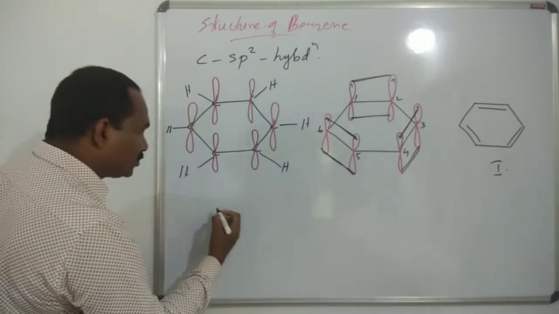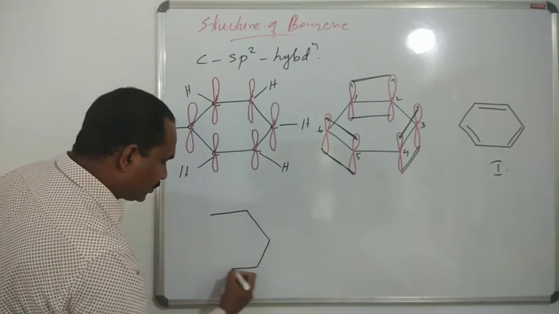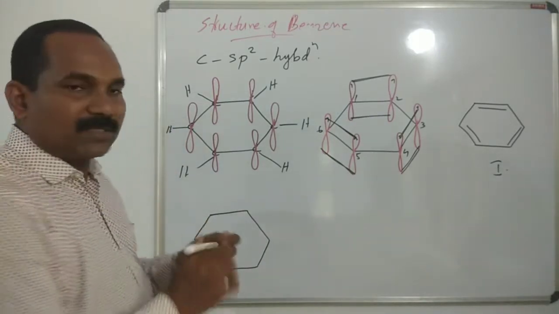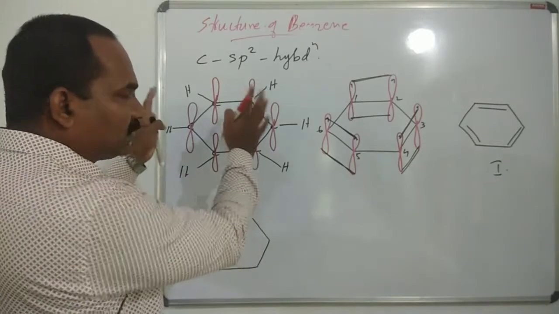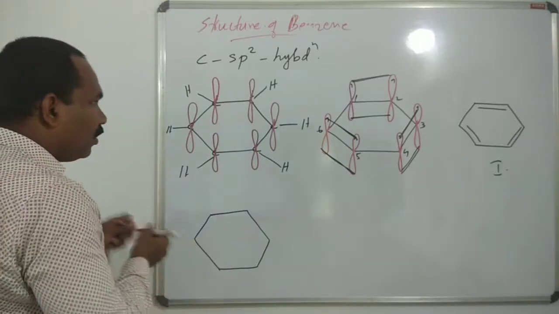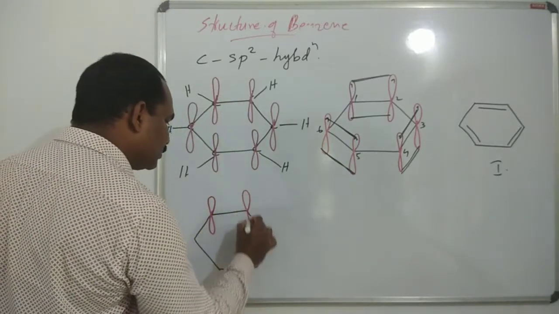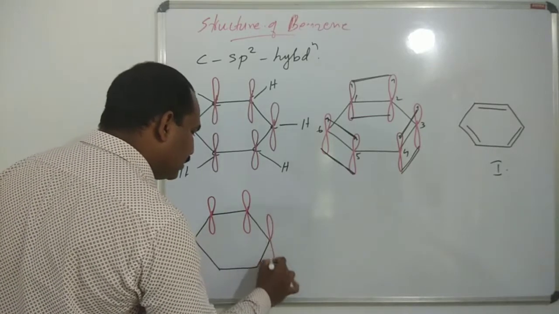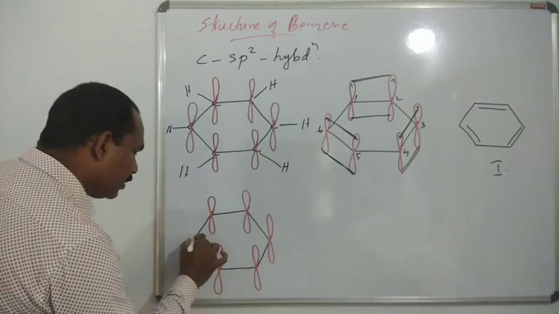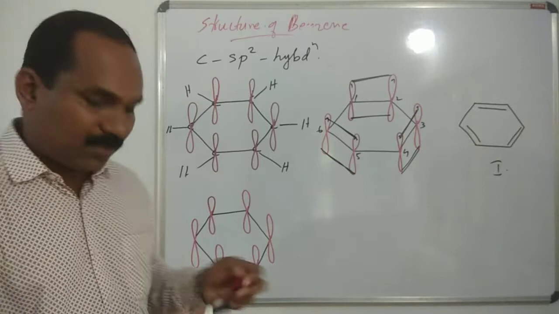The second possibility of the structure of benzene: again we consider the 6 carbon atoms which contain hydrogen, which we condensed. Also the unhybridized p orbitals, each containing one electron.